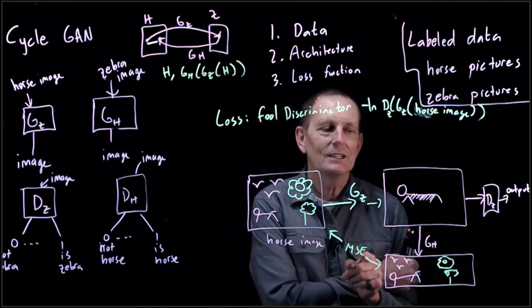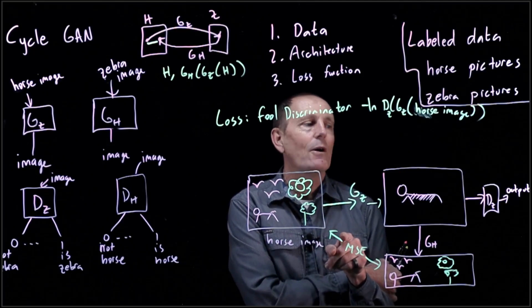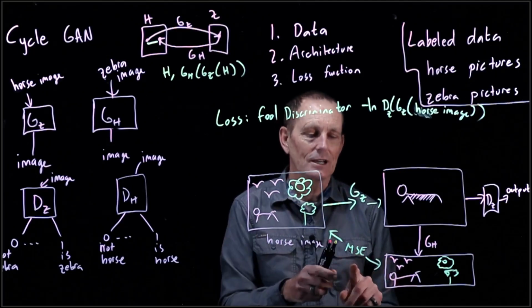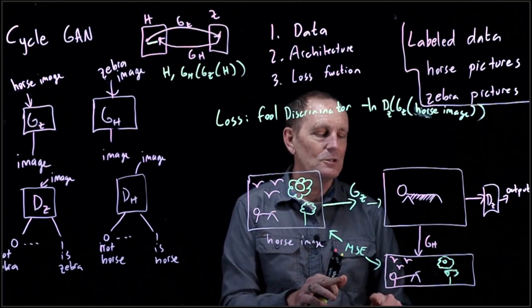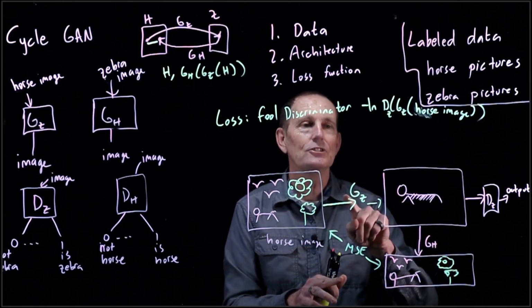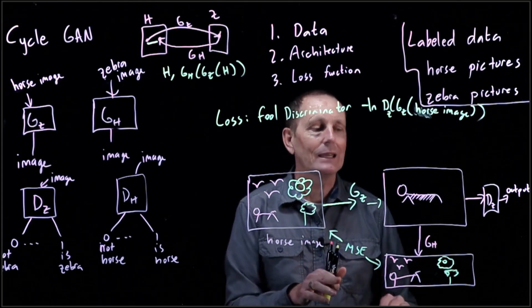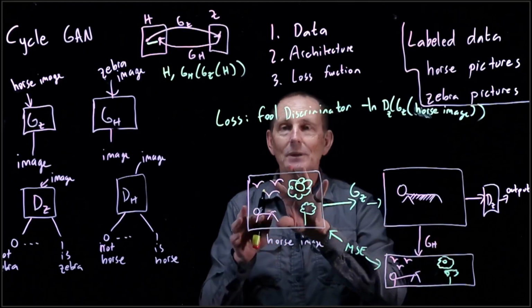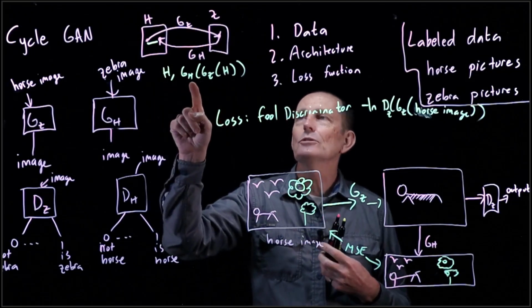But we're looking at this mean squared error, and so we now have, if we look at our loss, it consists of this mean squared error here. This calculation goes back through g sub h and g sub z. So when we are propagating this error back, we are actually going to be updating the weights of both g sub h and g sub z, because if we look at this mean squared error, we don't know whose fault it is.